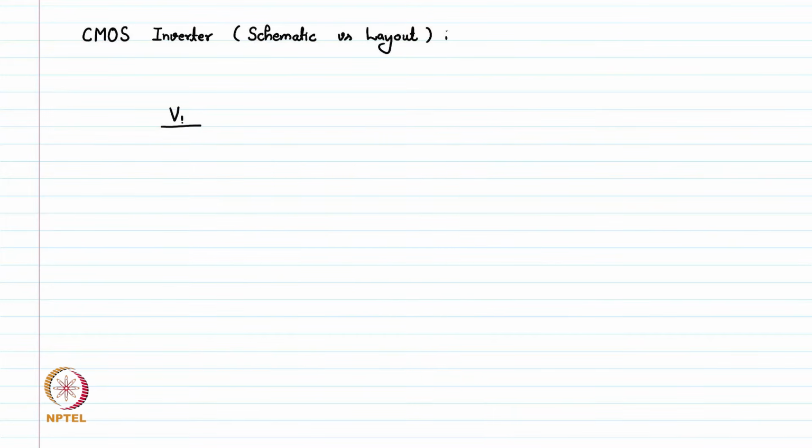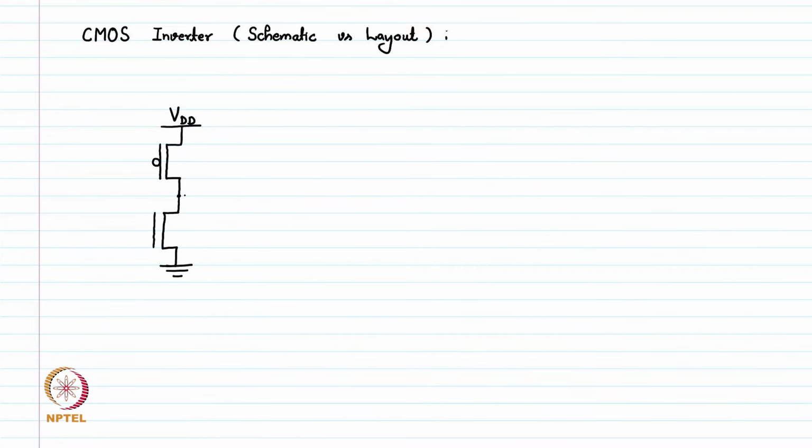We have a supply VDD, we connect a PMOS, and we have an NMOS, we join the drain together.